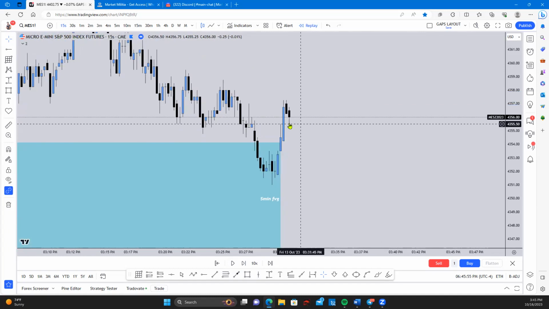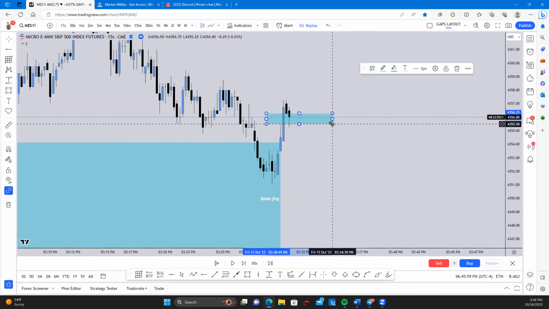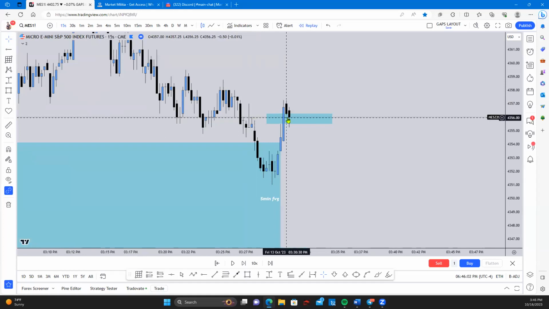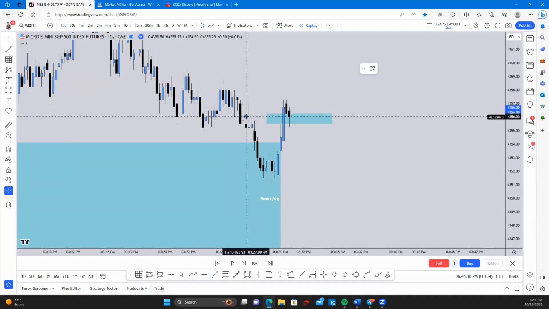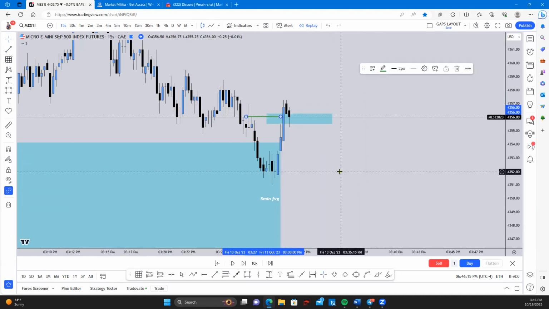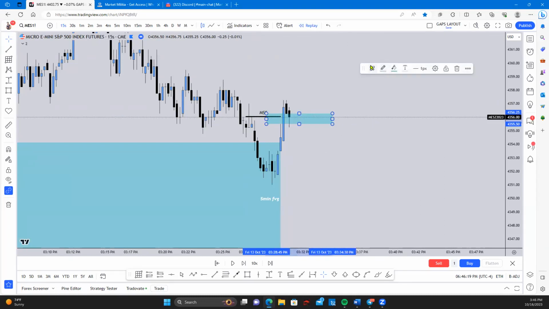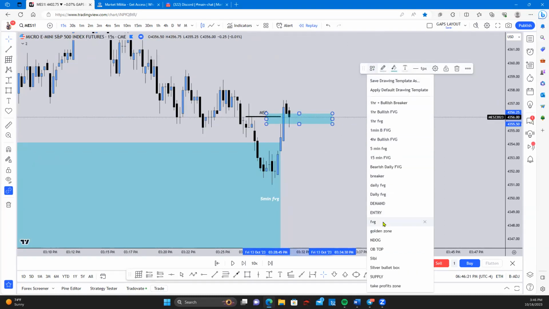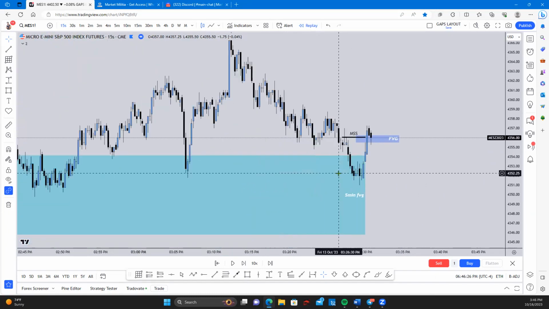You can see we created a bullish fair value gap right in here, took out market structure here. There's our market structure shift, bullish fair value gap. So you can be a buyer in here.